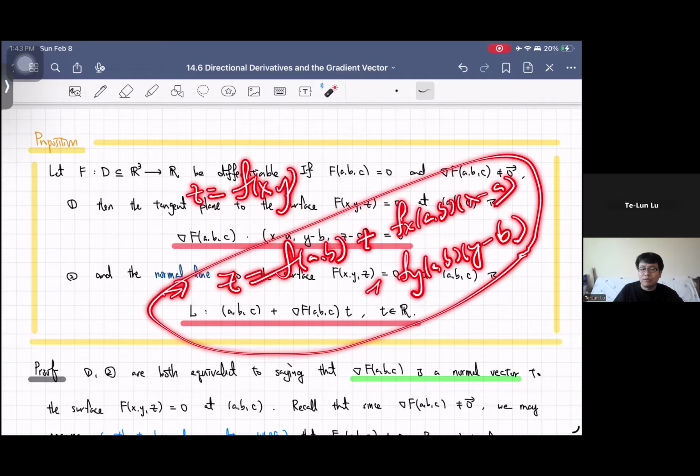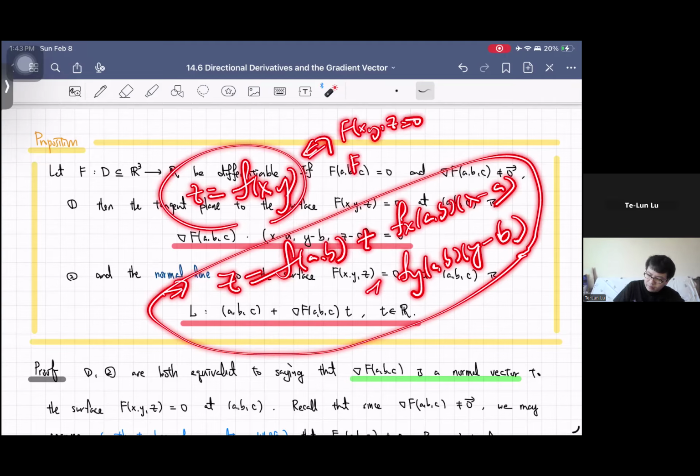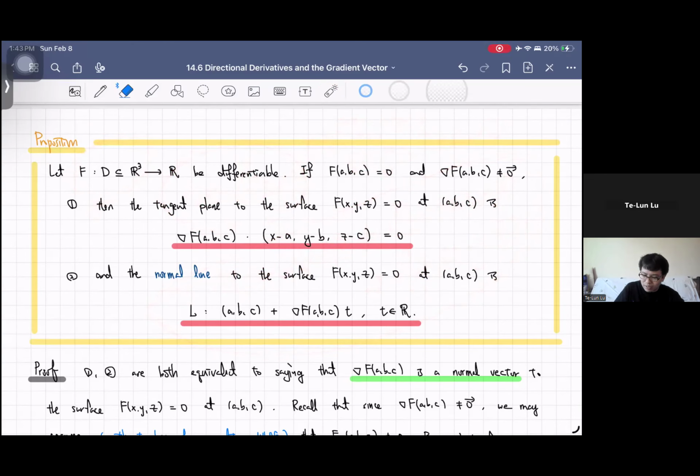But in this case, we generalize this concept because you can rewrite this as f(x, y, z) equals 0, where f(x, y, z) can be chosen to be something like f(x, y) minus z. So this is a more general theorem that states that each level surface has a tangent plane with the equation given by this very nice formula.